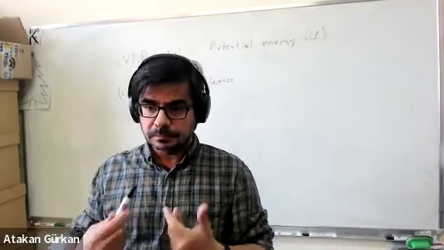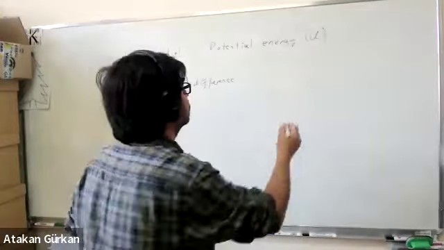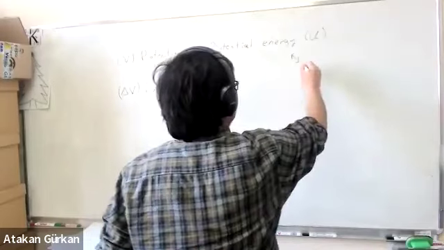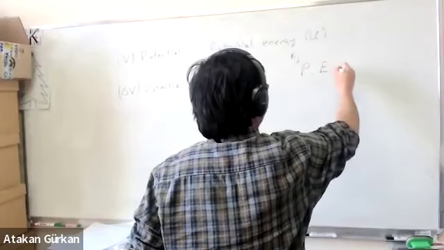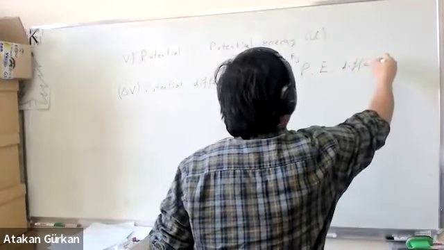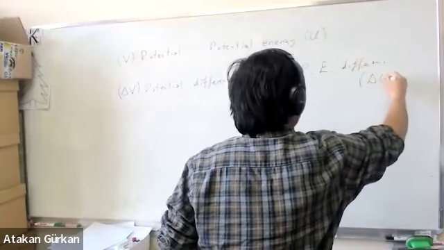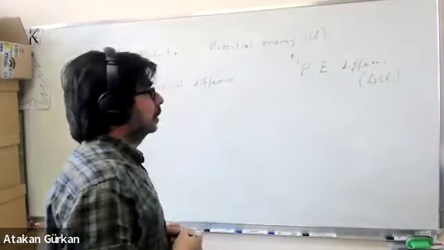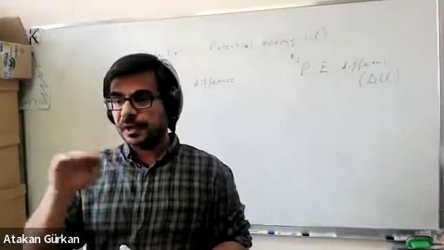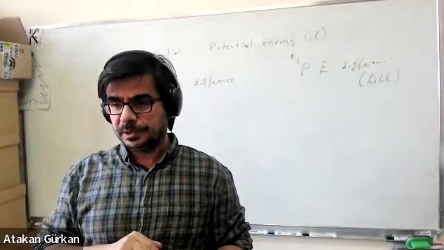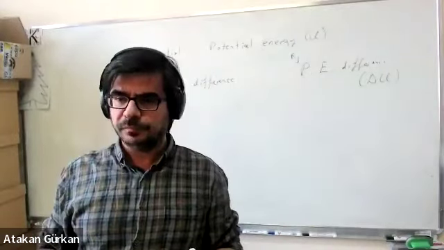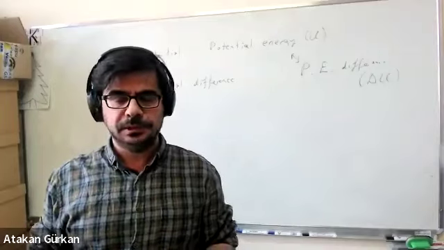Let's now connect this to potential energy difference, which we'll denote by delta U. Typically, you can define the zero of your potential energy arbitrarily. There are some general conventions, but it is really up to you.